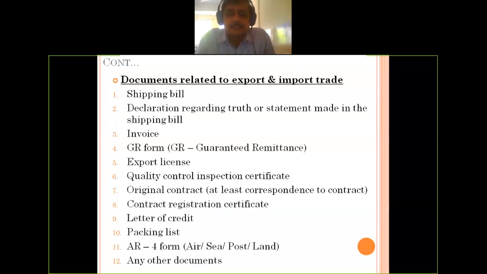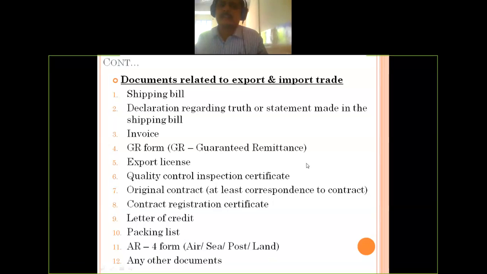The quality inspection of that core product which is assured by you to the importer, whatever the intent has been received by you, everything is going to be cross checked. Once the quality control inspection has been done, you need to collect that certificate from that team and attach that. And even about the original contract.